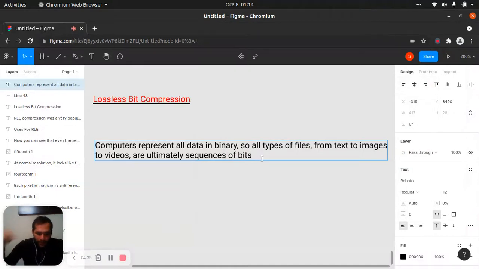Okay, sequences of bits, we told it. Then start to write again.